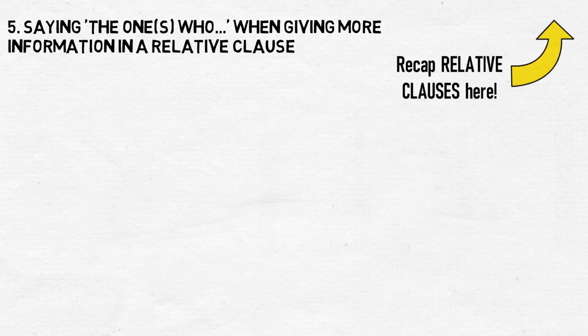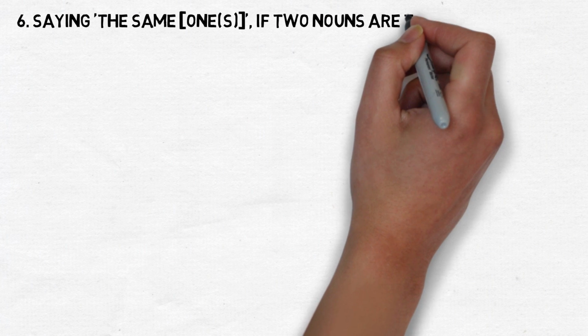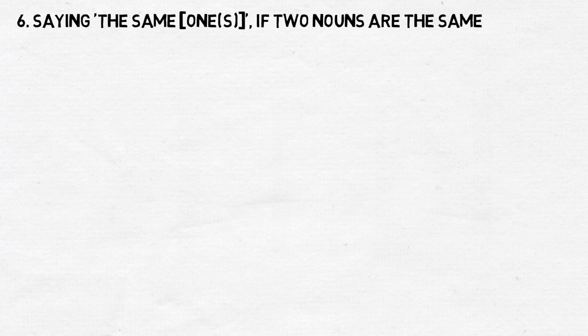If you aren't sure what a relative clause is, I'd recommend going back to learn what those are by clicking the banner now. Saying the same one or the same ones if two nouns are the same.